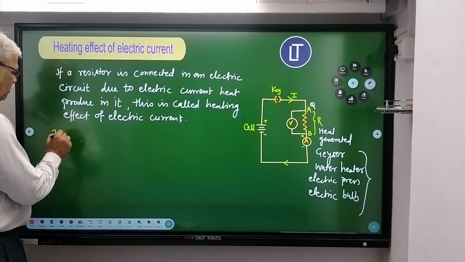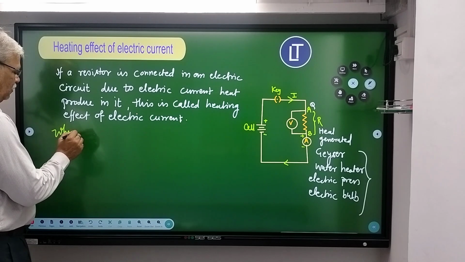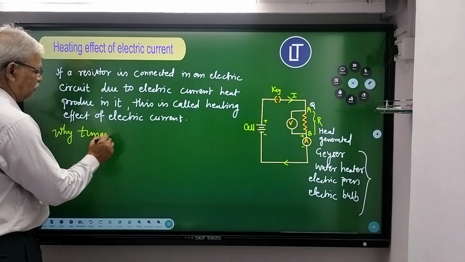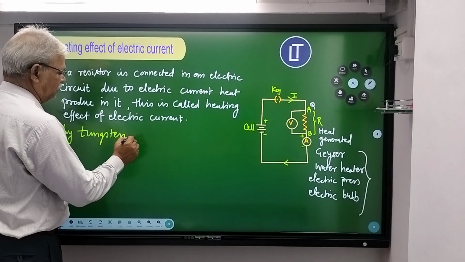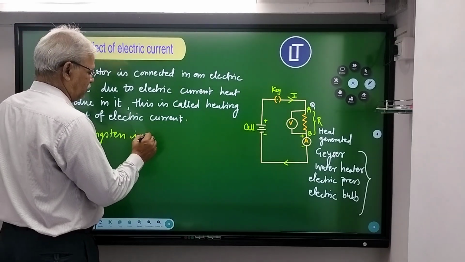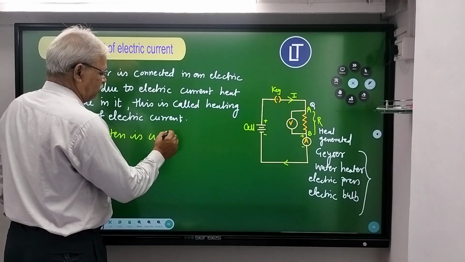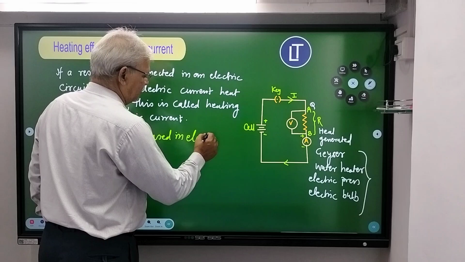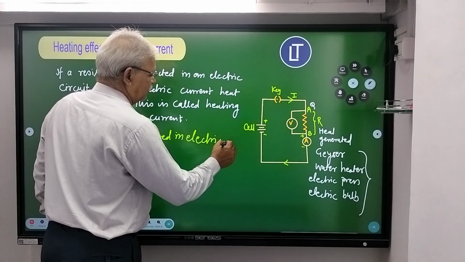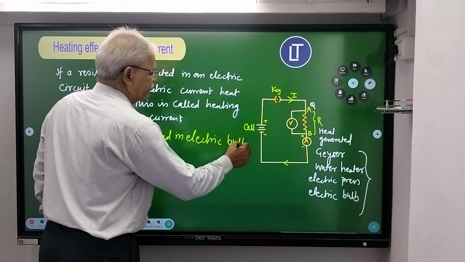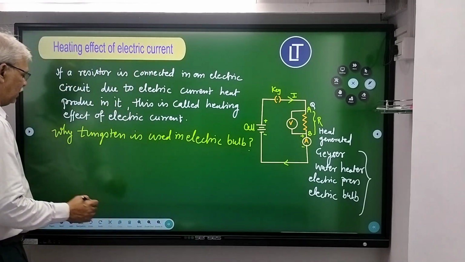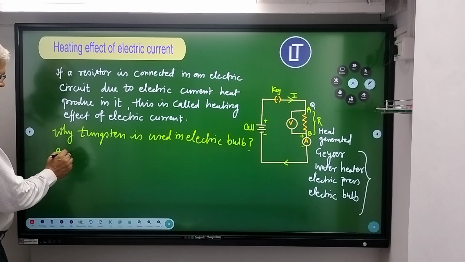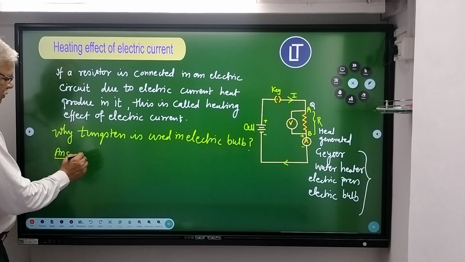Why tungsten is used in electric bulb. Okay, and its answer I'm going to write in 2 points.